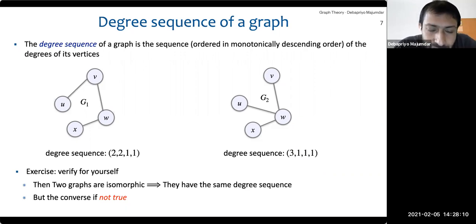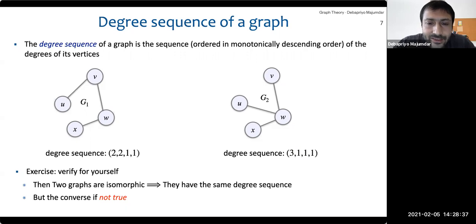So the question is, can we list down a number of invariants, and if these invariants are all the same for two graphs, can we say that the two graphs are definitely isomorphic for general graphs? Not for very small graphs of size 2 or 3, but for general graphs.